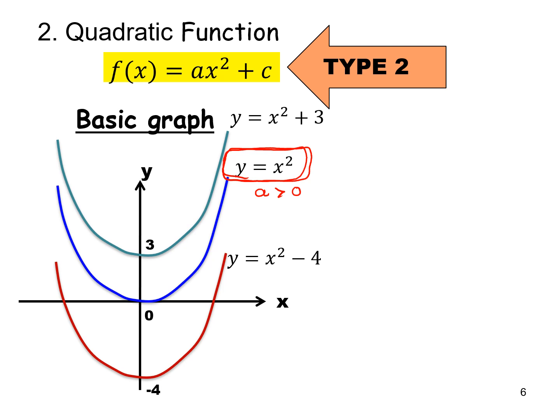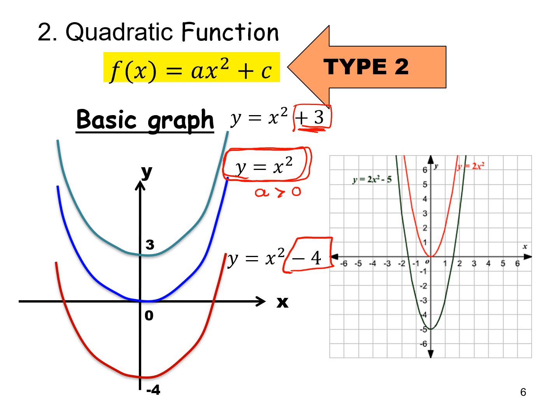When x squared is added to a constant, meaning plus 3, the graph shifts up 3 units. With the same graph x squared but with a minus 4, it shifts down 4 units. So the original graph is x squared, and if we have a plus constant, the graph shifts up, and when minus something, the graph shifts down.